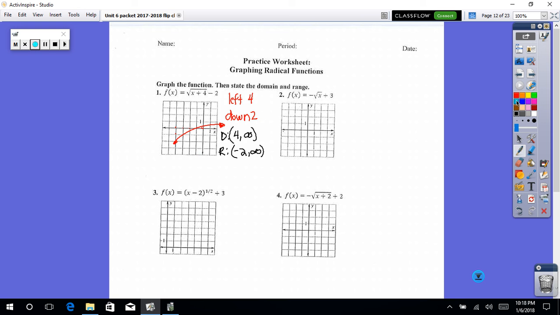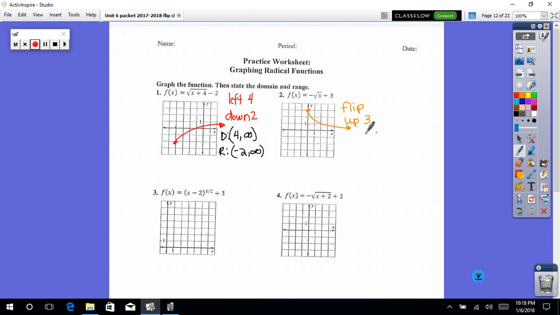Okay, number 2. Again, let's write what's happening. I am flipping upside down, and I'm going up 3. So up 3, and instead of going like a rainbow, now I'm going this way.